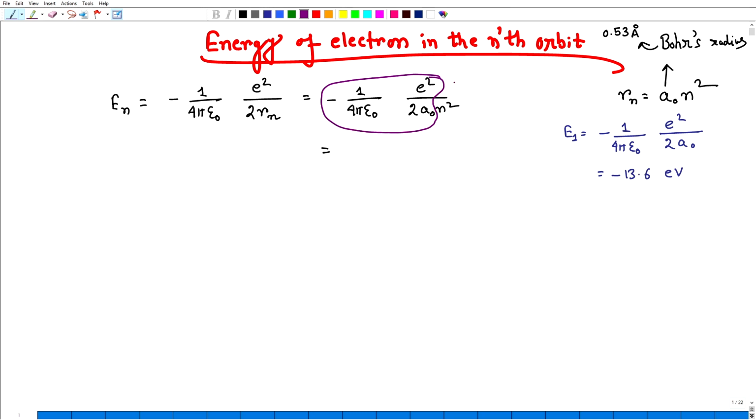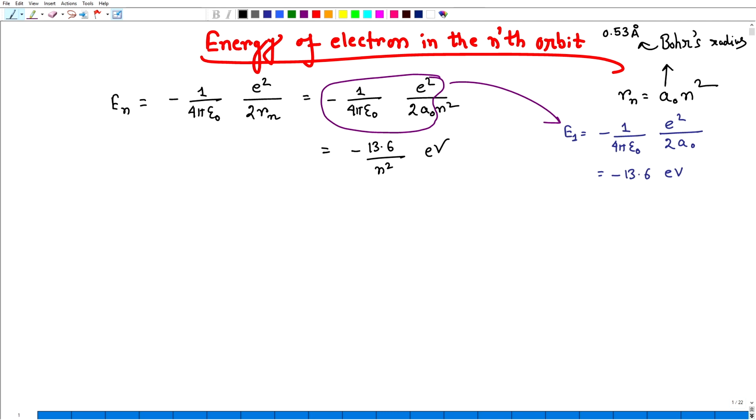This part is exactly E1. So now we can write it as E1 divided by n square, and E1 is minus 13.6, so it can be written as minus 13.6 divided by n square electron volt. This is the general expression for the energy of the electron revolving in the nth orbit for the hydrogen atom, obviously.